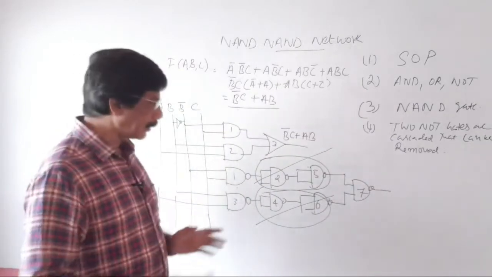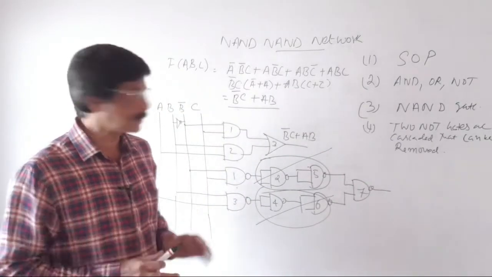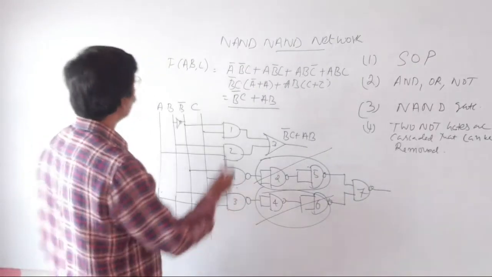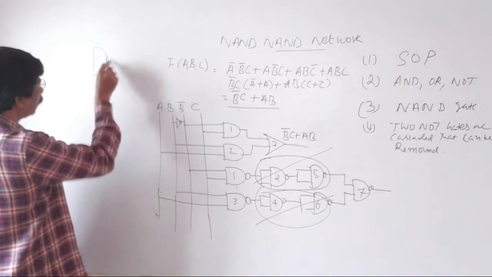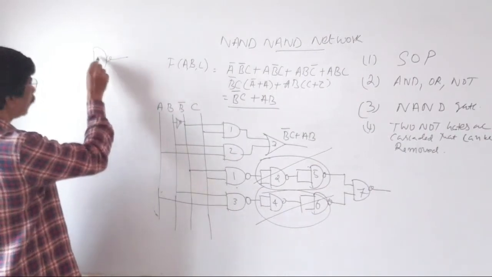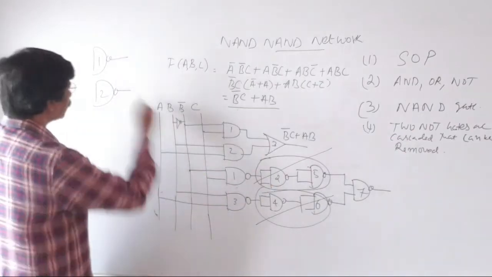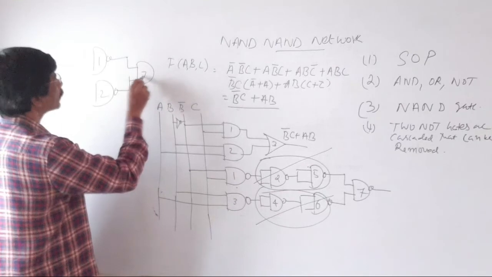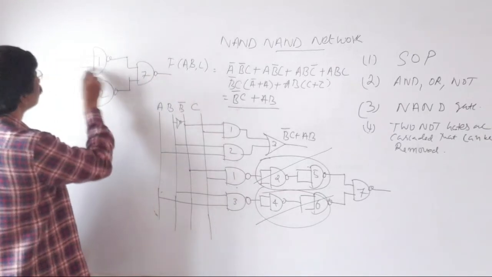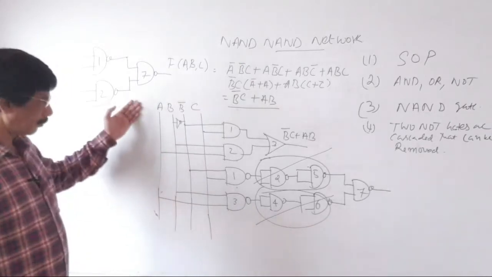The remaining circuit consists of only NAND gates. The gates are this NAND gate 1, this is NAND gate 2, this is NAND gate 7. Look at this circuit.